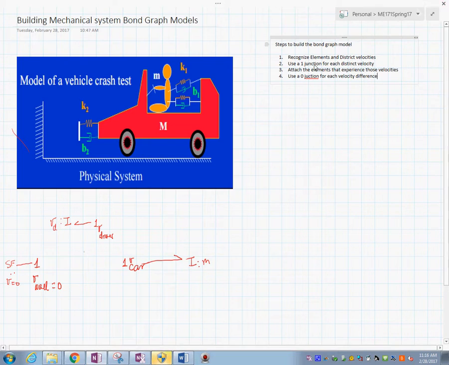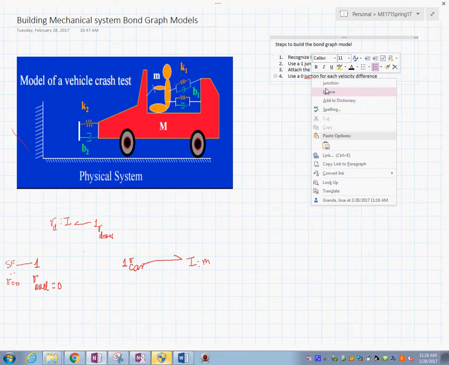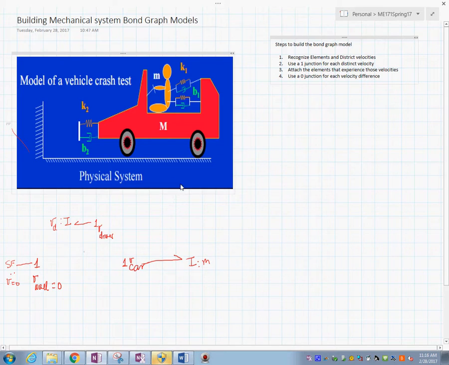Okay, so we will need to use one of these junctions between the wall and the car, and between the car and the person. So it's very obvious that in here, maybe it's a good idea to just go here like this.